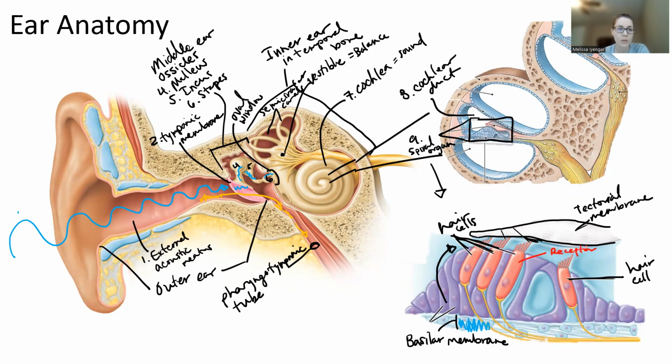Just like we had a photoreceptor that understood what light was, and then the presence of light triggered the action potential, in this case the presence of sound is going to change the receptor's shape, and that's going to trigger an action potential that's attached to these receptors, and that is what makes up CN8, the vestibulocochlear nerve.